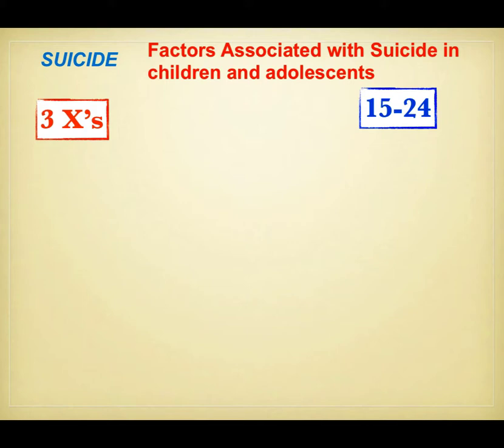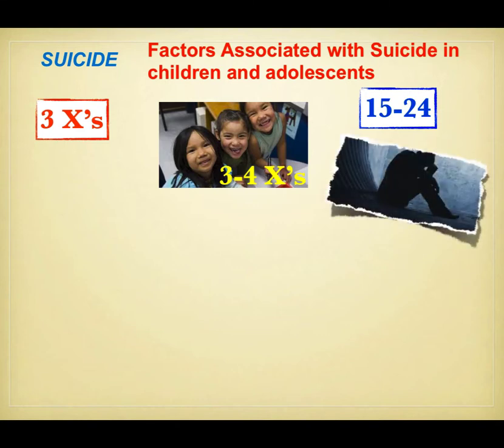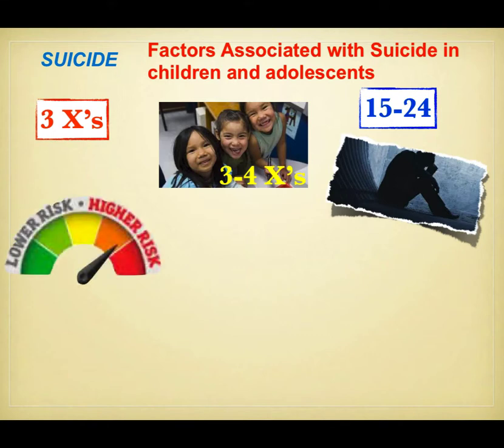Ethnicity plays a role. Aboriginal and First Nations children are 3 to 4 times more likely to commit suicide than the general population. Depression plays a role, in combination with helplessness and low self-esteem. Previous suicide behavior: the risk is significantly increased if there has been a previous suicide attempt.